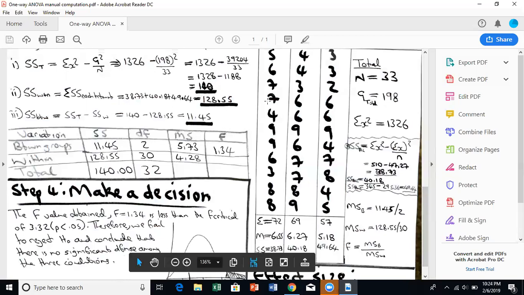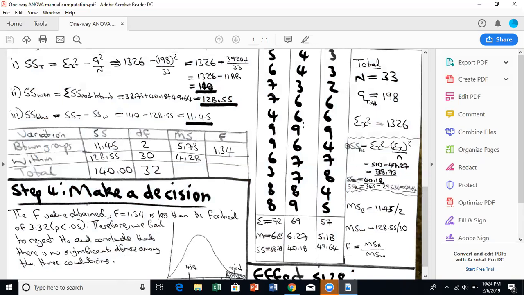And then if you add all the squared numbers, like 5 squared, 6 squared, 7 squared, 8 squared, 4 squared, 4 squared, 3 squared, and all those numbers, you're going to get 1,326. All the scores in that experiment, we square them. So this is this number. So 198 squared is 39. I tried to show you how you can follow that here. So if you do that, you're going to get 140. Okay. So this is the total.